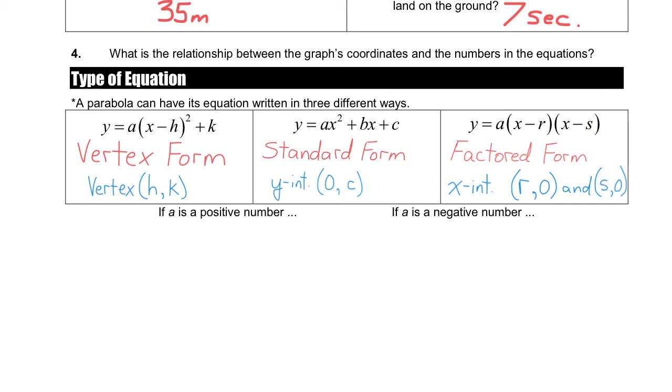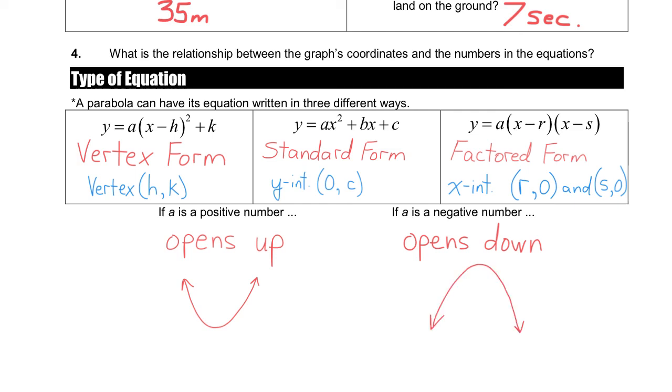Same with s. Now, in all of these, you have a as the leading coefficient, the number at the very beginning. And that number tells you something about the graph as well. If a is a positive number, the graph opens up, looks like a U. But if a is a negative number, the graph opens down, or it looks like a frown.